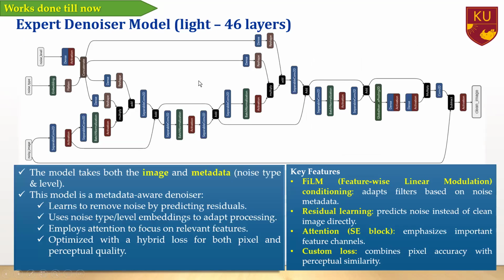Here for the expert denoiser model, we have developed two variants. One is the light model with a lesser number of layers, and the second one is the deep model.